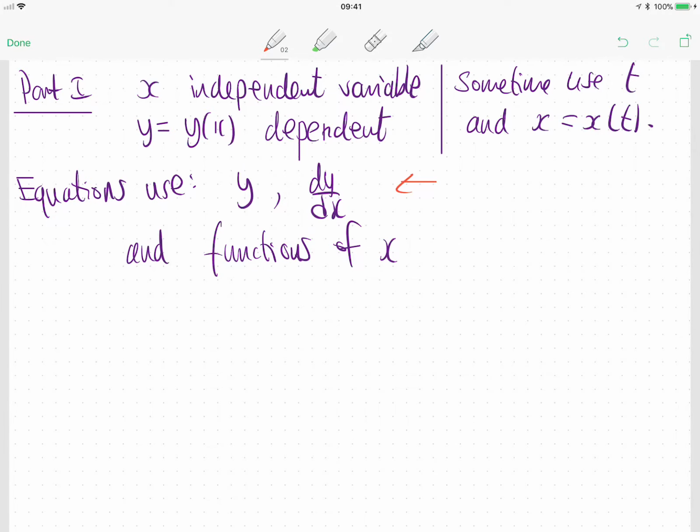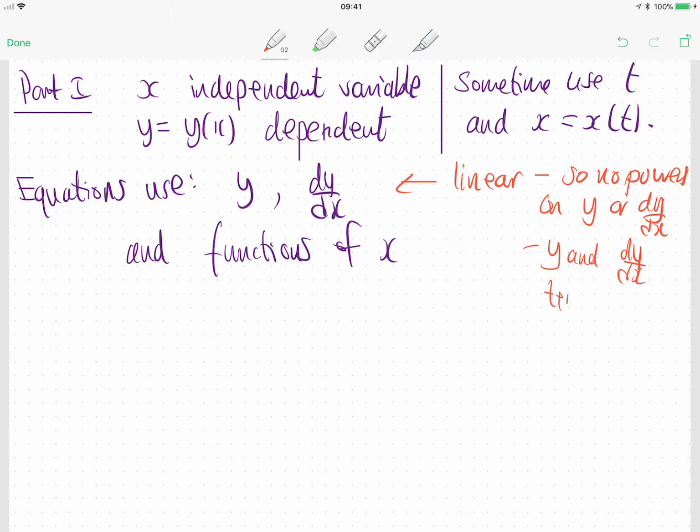Okay, so our attention is going to be on linear differential equations. So no powers on y or dy dx, and we want them separated, the y and the dy dx term. We want these separated, we don't want them multiplied together.